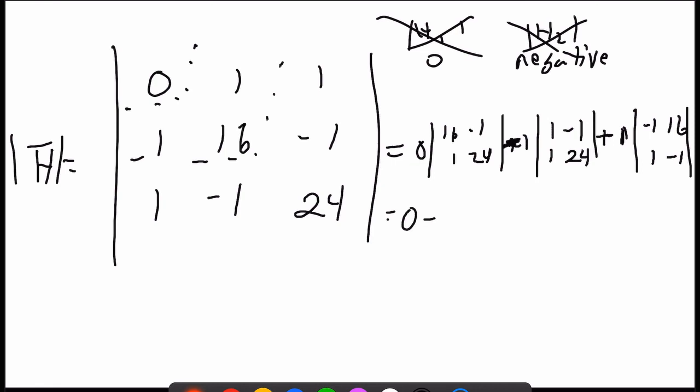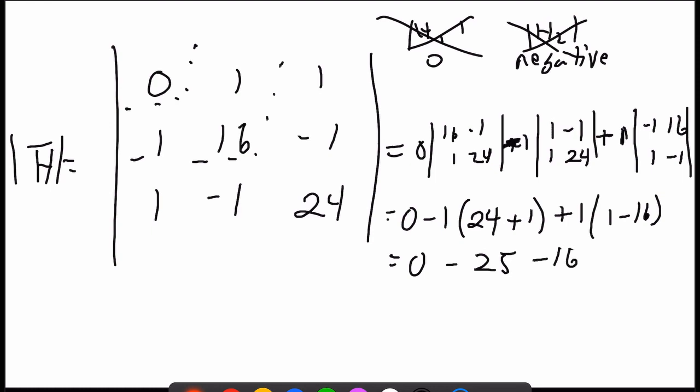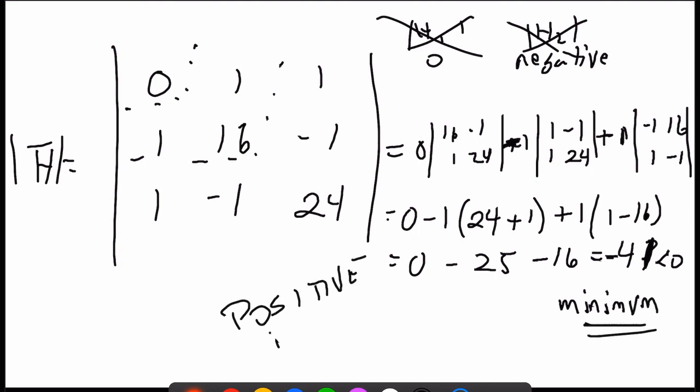So that's 0 minus 1 times 24 plus 1 plus 1 times 1 minus 16, right, is 0. Minus 25 minus 16 is minus 41. Yeah? Minus 41? That's less than 0. This is a minimum. It's positive definite.